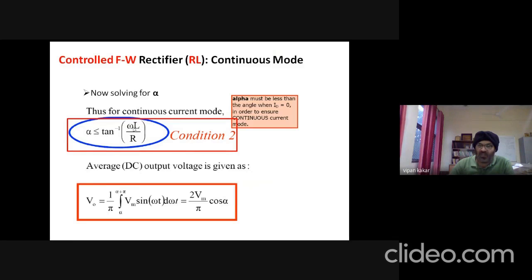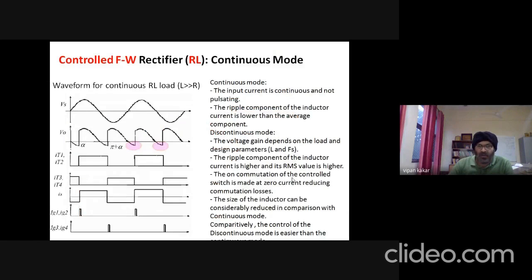So it means we need to decide the values of L and R to operate this rectifier in continuous current mode. So this will be the waveforms for continuous current mode when L is far greater than R. Same concept we saw in half wave rectifier.